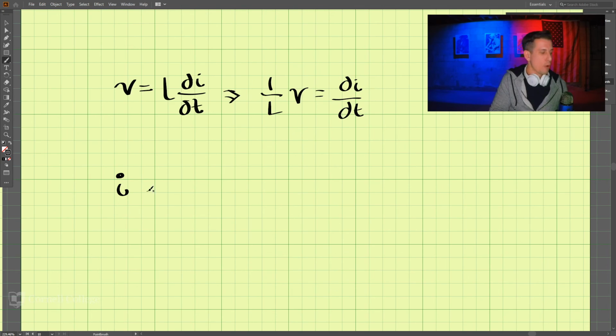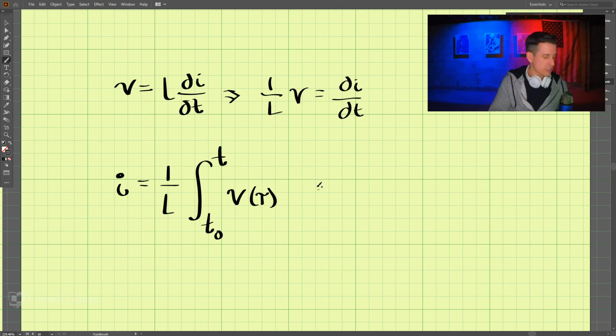Then we can integrate both sides, and the current is 1 over L times the integral from the start time to the end time of the voltage as a function of time, dt. And then we must add the initial current at time 0.